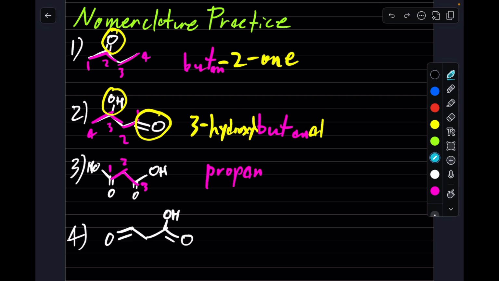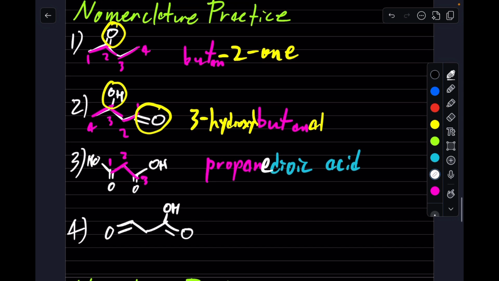So we would have dioic acid. And IUPAC nomenclature doesn't like how there are 2 consonants next to each other, so IUPAC just decided to add an E whenever there are 2 consonants like this.